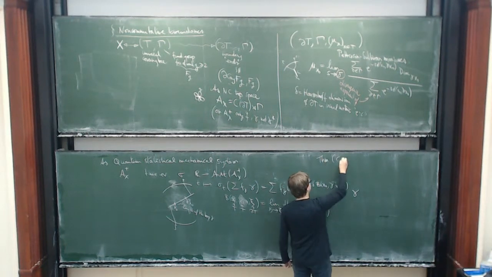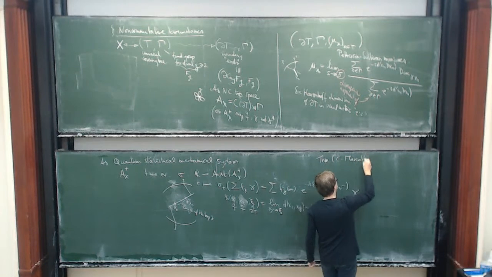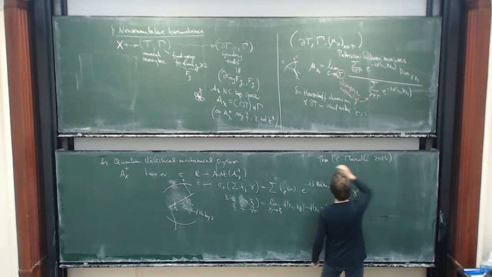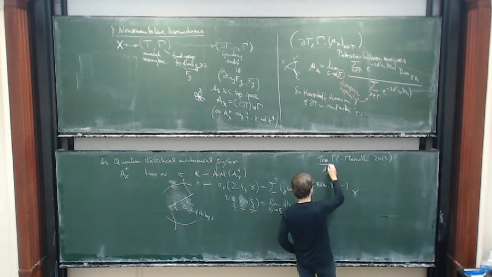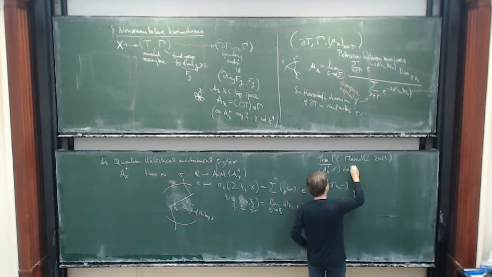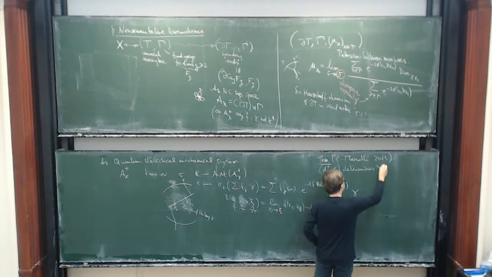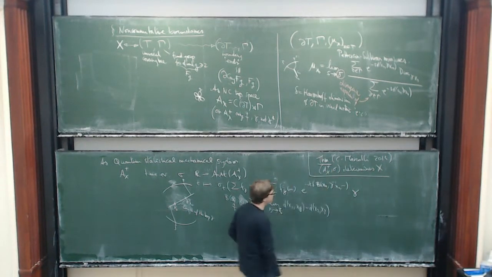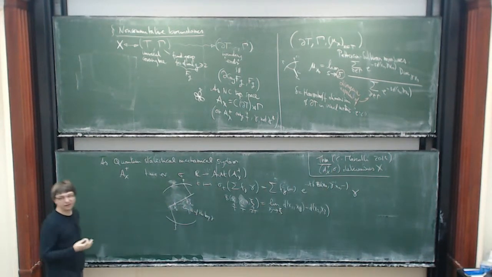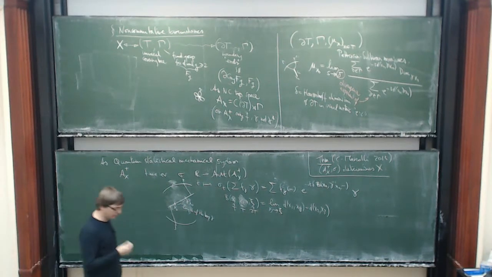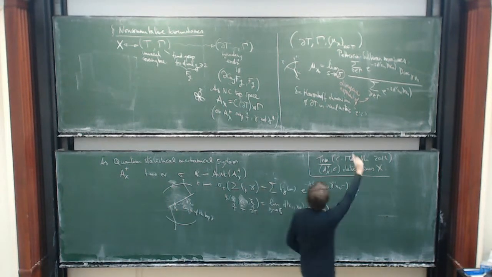The main result here is something I wrote down with Matilde Marcolli some time ago, and it is that this structure with this sigma determines x. This is just the reincarnation in non-commutative geometry of measure theoretic rigidity using this Patterson-Sullivan measure.